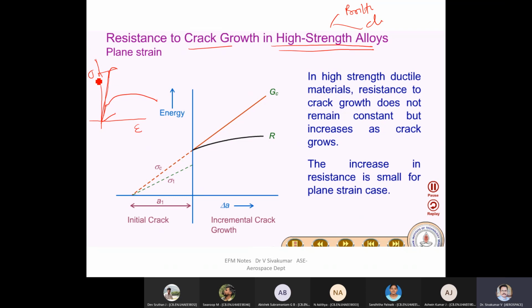You may have higher sigma here and lower sigma there, but mild steel has more energy. The high strength alloy, though very strong, has less energy. So we are talking about this property of high strength alloys. This is the most dangerous because they have good strength but low ductility, and low ductility means fracture is very likely.